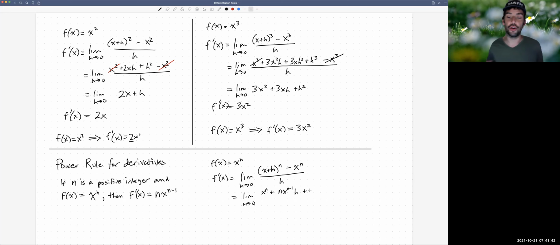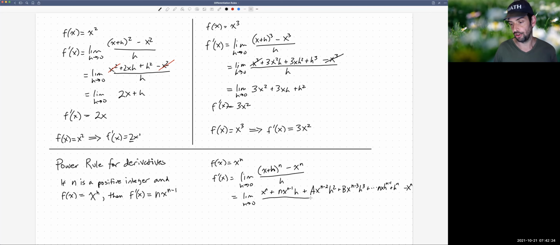We know what all of these coefficients are and how the terms are going to be distributed, but all that matters is this: everything that comes next is going to have some kind of constant, and the powers of x are going to go down, and the powers of h are going to go up. Right? Then there'll be an x to the n minus 3 h cubed until we get down to something like n x h to the n minus 1 plus h to the n. And then we have this minus x to the n.